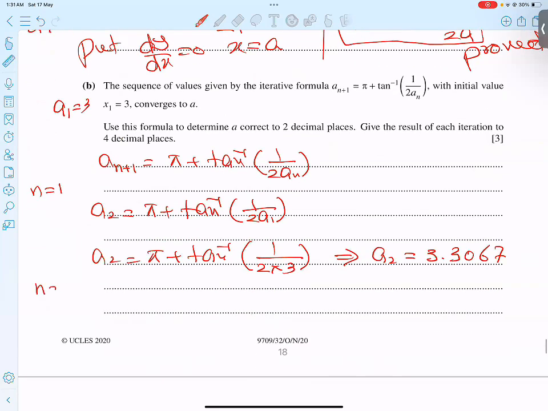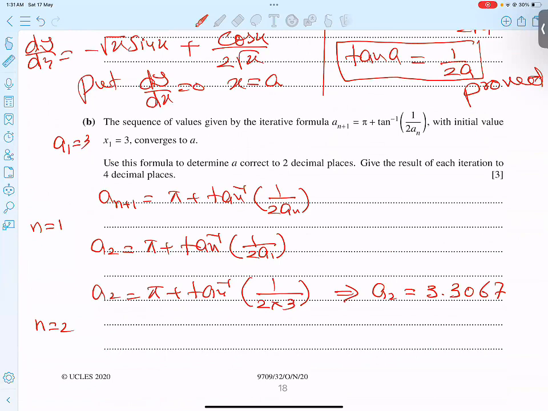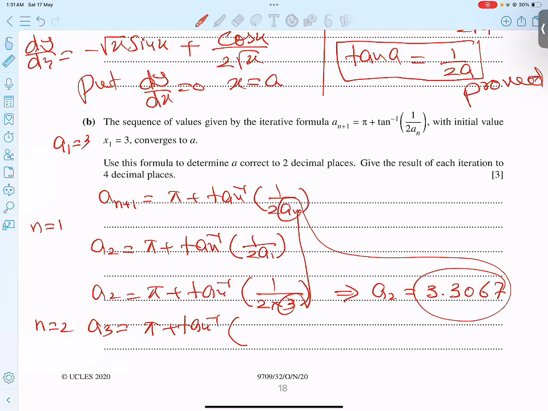Now first I plugged in 1, now I plug in 2. So when I plug in 2, students, what happens? I get a3, because 2 plus 1 is 3, and pi as it is in tan inverse. This value is coming in this place, so 1 over 2 times 2, 3.3067.